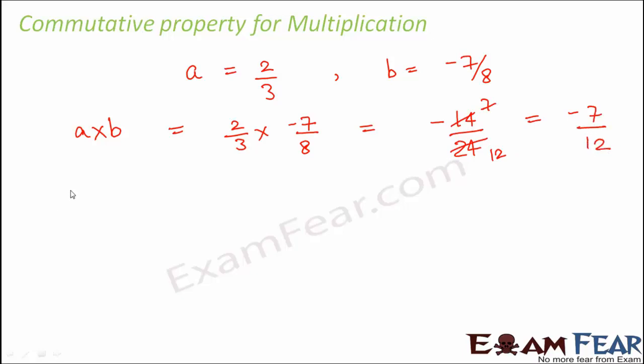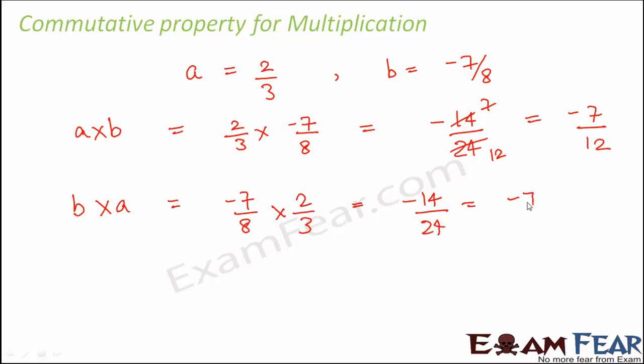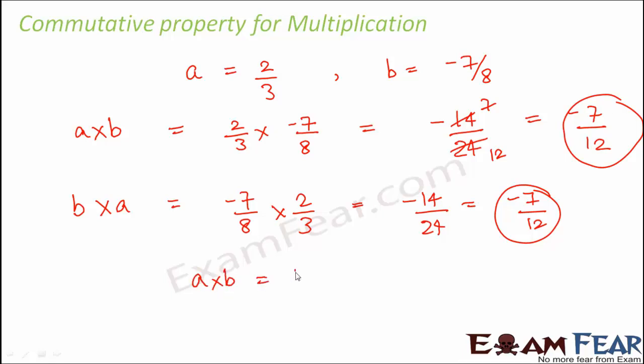Now let's calculate b multiplied by a. That would be minus 7 by 8 into 2 by 3, which would be minus 14 by 24 or minus 7 by 12. So here you see again you get the same values, which clearly says that a into b is equal to b into a. So multiplication is again commutative for rational numbers.